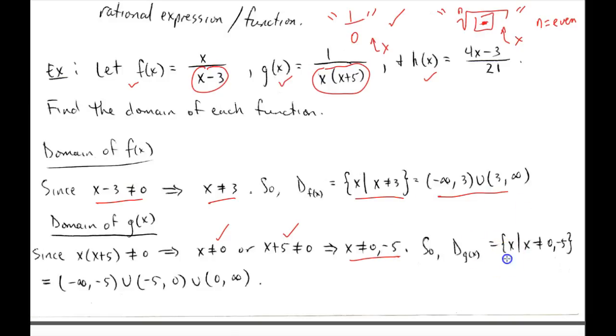And again, this is how we write it in set notation. This is how we write it in interval notation. Okay? And so again, what this means is as long as we plug in values that are not 0 and negative 5 in this case, then we will plug in a real number that will yield or spit out a real number as a result. Okay? All right, so let's go ahead and move on.